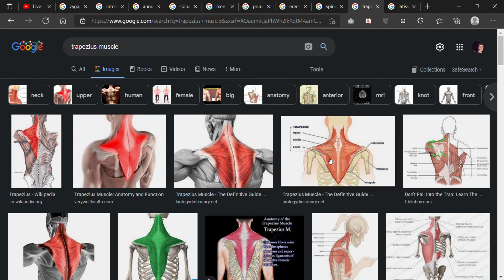So it helps to move the scapula in different planes: move the scapula down, retract it, directly transverse, and also some movement up.